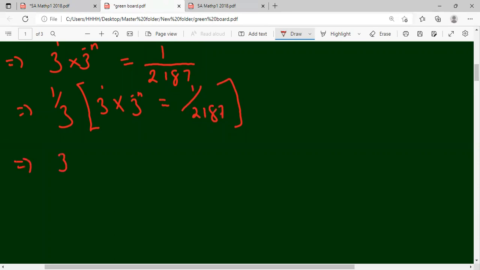We've got 3 to the power negative n is equal to 1 over, and you multiply this number by 3 now, so I've got 6561. So this is equal to 6561 to the power negative 1.